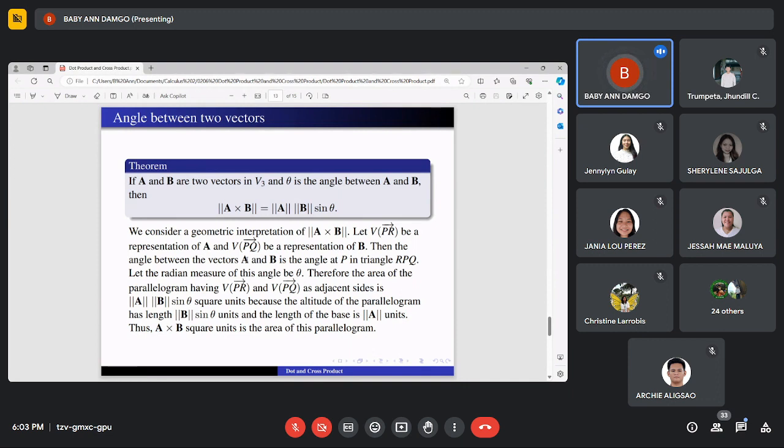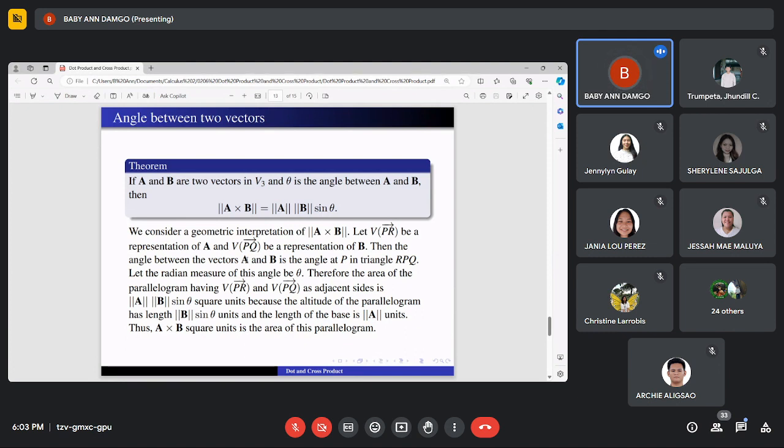So it is the same in class if given vectors A and B, and you need to find the sine theta, you solve for the magnitude of A cross B over the magnitude of A times the magnitude of B.